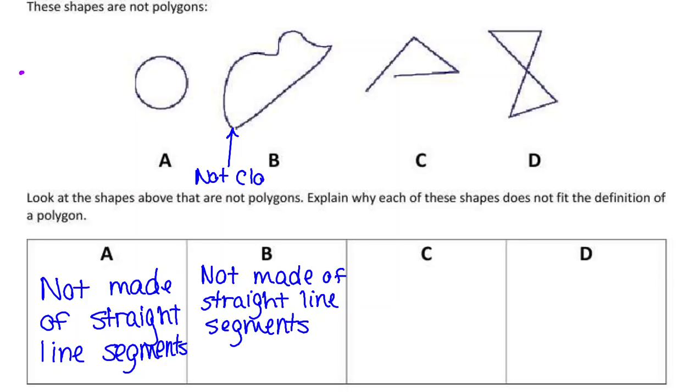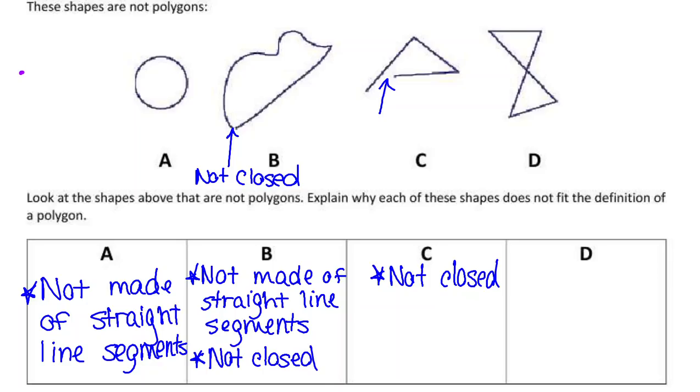Water is going to seep out of that corner right there. So it's also not closed. Okay, for C, again, water is going to escape right here in this opening. So it is not closed.